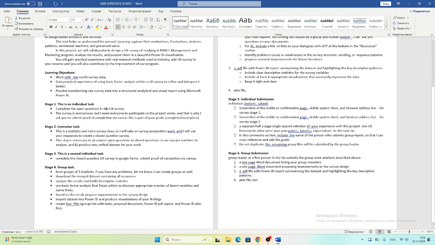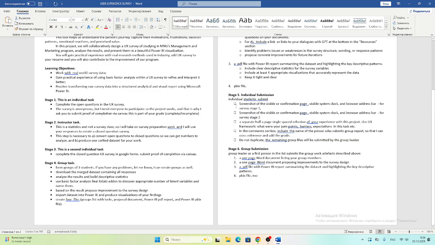So you will have individual submission. You will submit the confirmation page for survey number 1, the confirmation page for survey number 2, a separate half page of your reflection, and everything else is submitted by the group leader. If you don't have a group leader, if everyone is equal, just the first person in the list will submit the document.